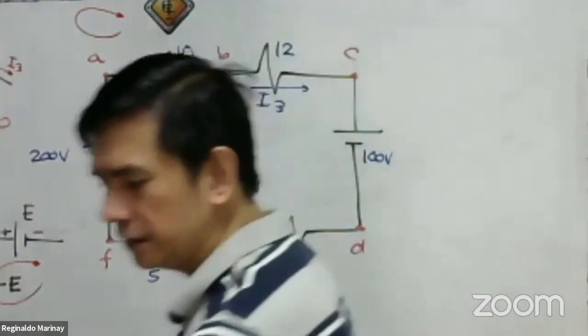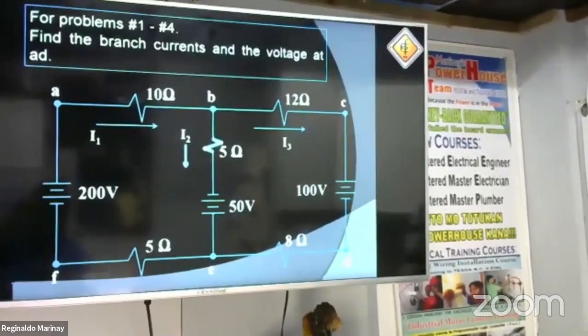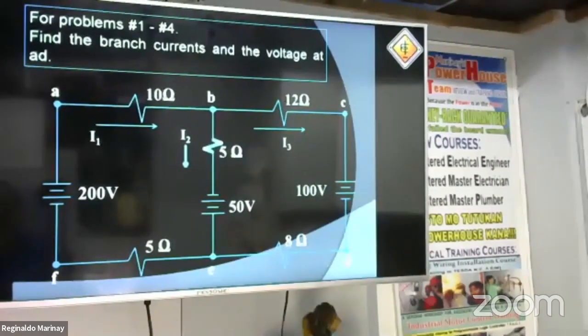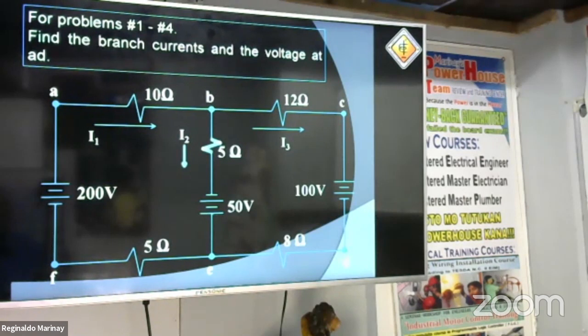So take a look here. Actually, in this problem, we are asked to find all the currents. Okay, this is on problem 1, 2, 3. We are asked to find here our I1, I2, I3.